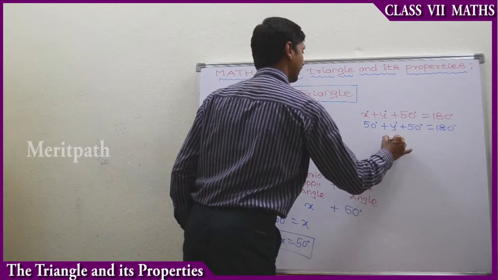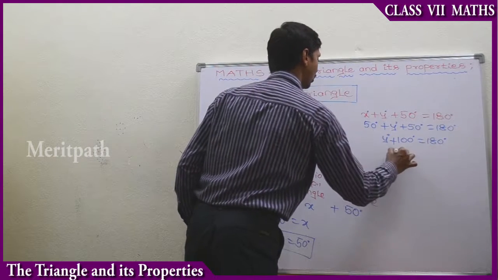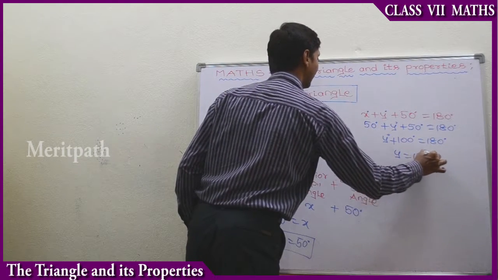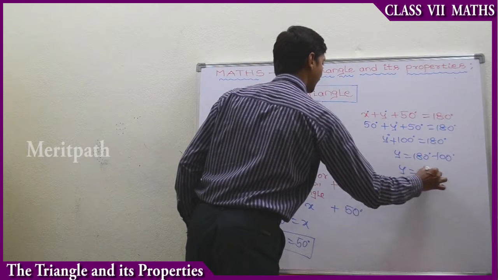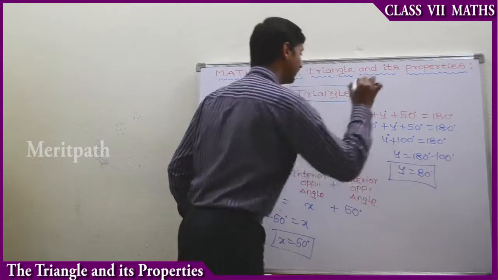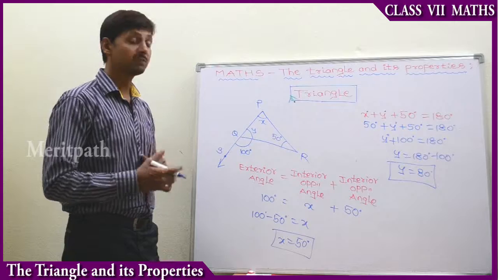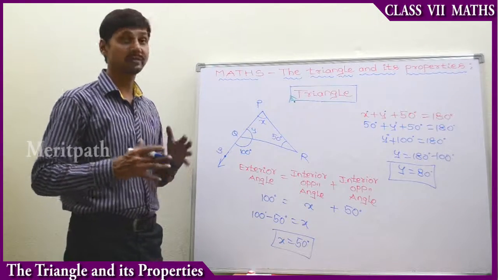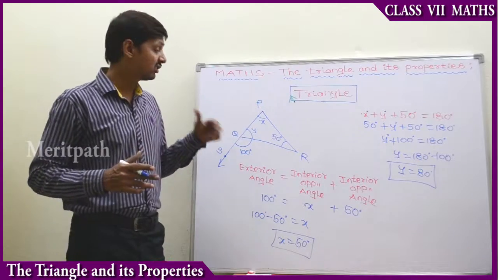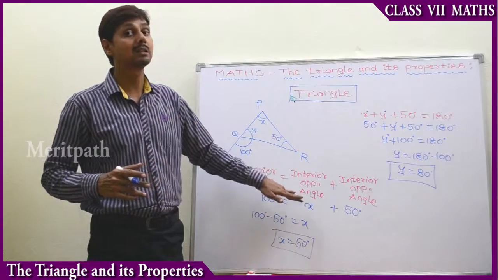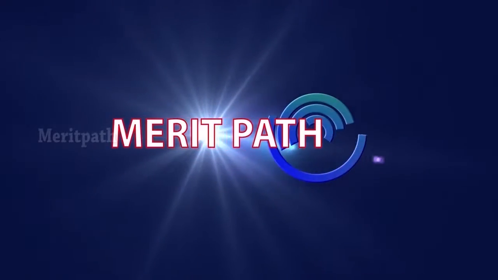So y plus 100 is equal to 180 degrees, so y is equal to 180 minus 100, which is 80 degrees. So the value of y is 80 degrees and the value of x is 50 degrees. In this manner, we use the concept that the sum of the angles of a triangle is 180 degrees and an exterior angle of a triangle is equal to the sum of the interior opposite angles.